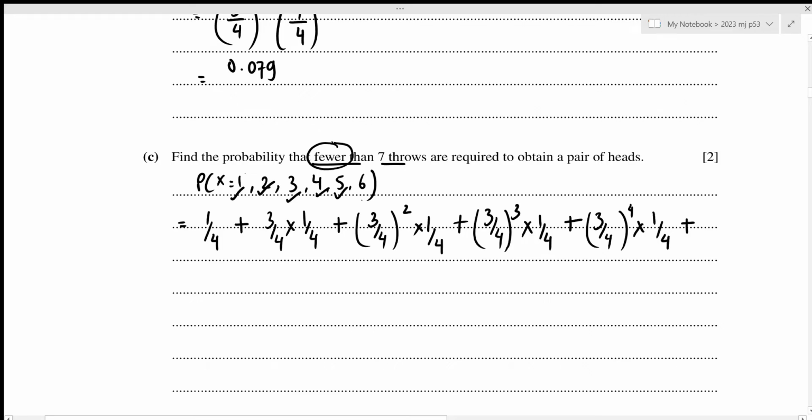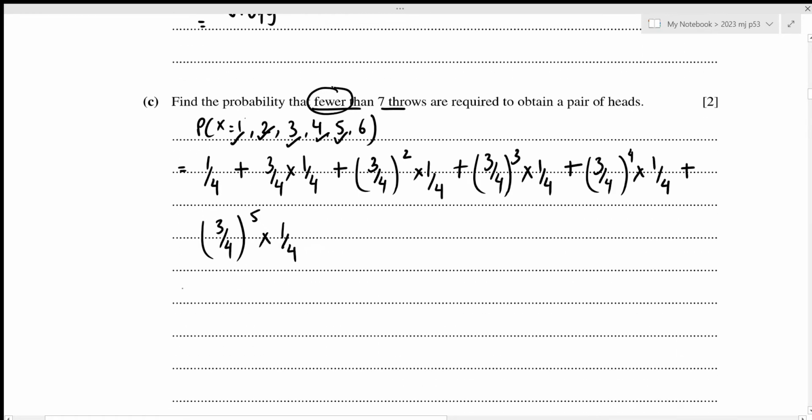And now for x equals 6, that will be 3 by 4 raised to the power of 5, because we did not obtain a pair of heads in the first 5 throws. Then we obtained a pair of heads on the 6th throw. So that's the required probability. Now the sum of these probabilities will give the desired probability of 0.822. That's all for the third part. Let's move towards the next one.